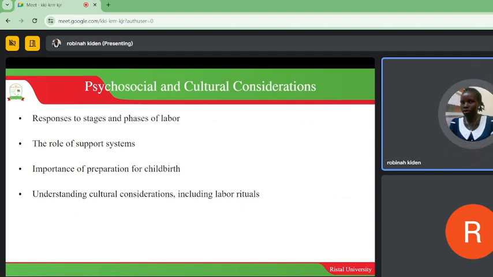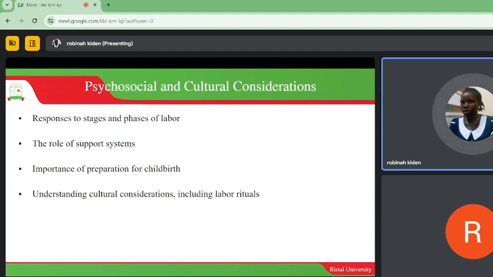So right now we are looking at when she was doing her antenatal, was there enough psychosocial preparation done to her? What she expects during labor, the kind of pain she expects, and how she is going to respond to it. Were these all told to her? Is she aware about this? So these are the things that we also look at.